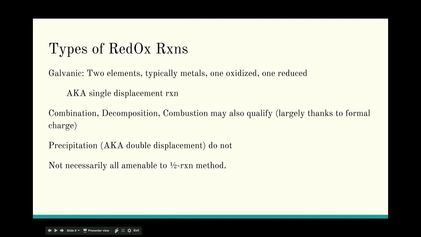Now, like I said somewhere earlier, redox reactions are not a particular kind of reaction. They're a class of reactions. There are multiple kinds of redox reactions, or I should say, different kinds of reactions can be thought of as redox reactions. The one we were just looking at, the two metals being reacted against each other, one ionic, the other metallic, that is an example of a galvanic reaction, or a voltaic reaction.